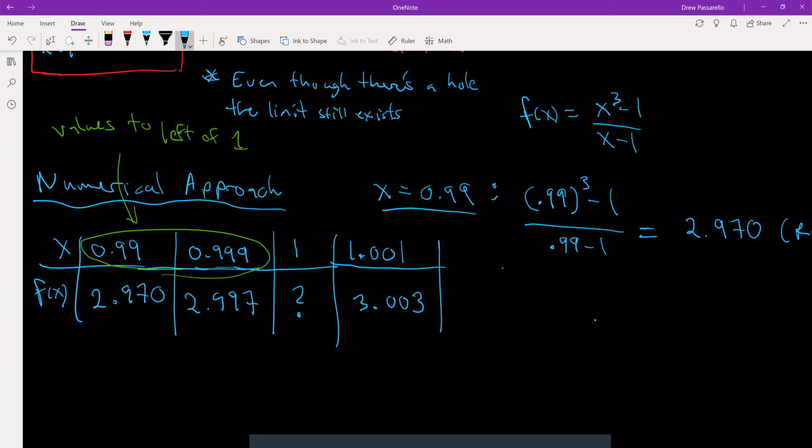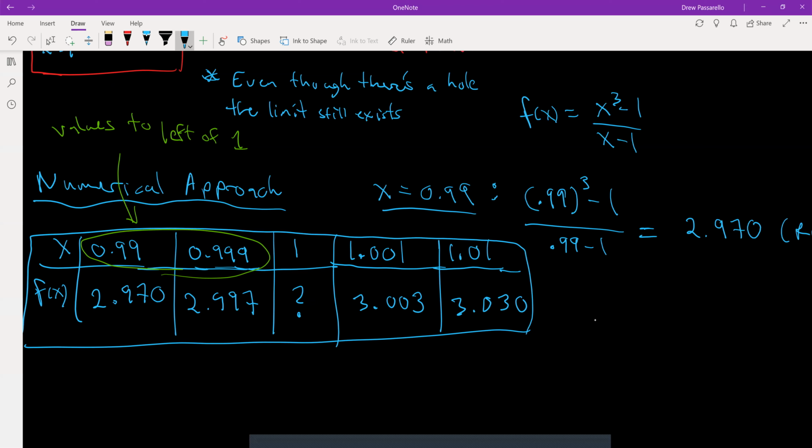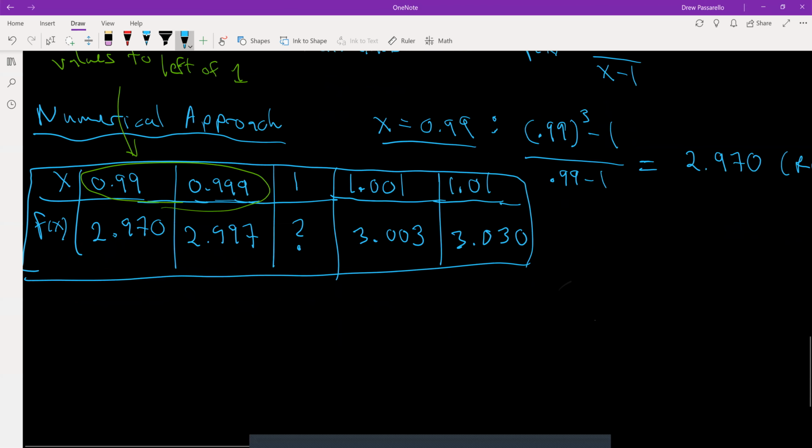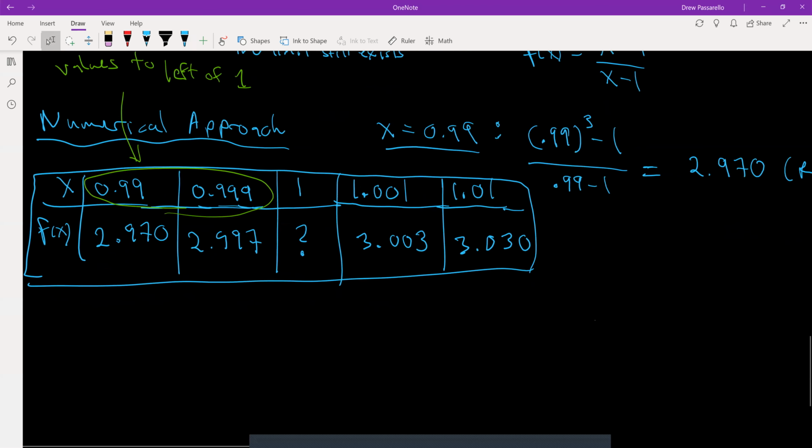Likewise, if I did another one, 1.01, you get this to be 3.030. All right, and this table is just a summary of the values you get plugging them into the function and getting the corresponding outputs, or Y coordinates.